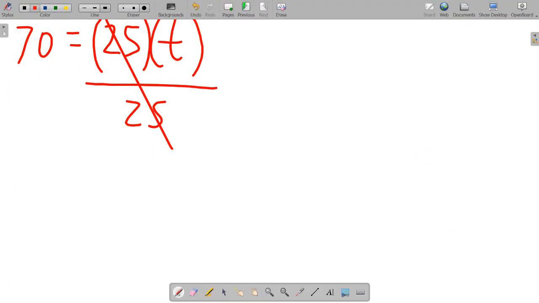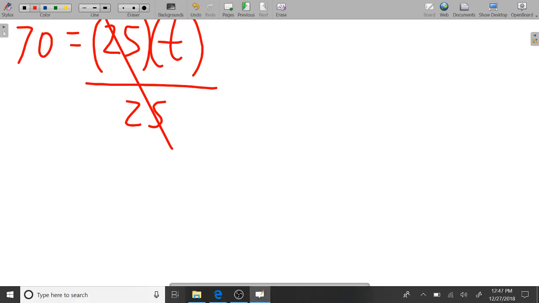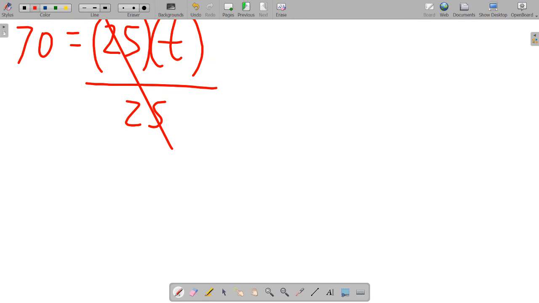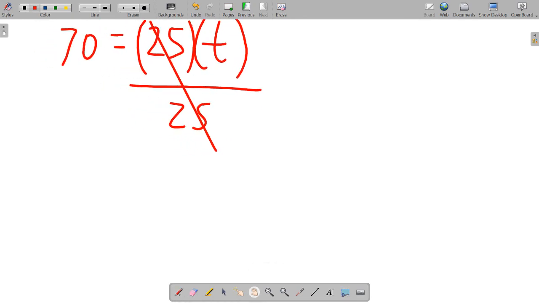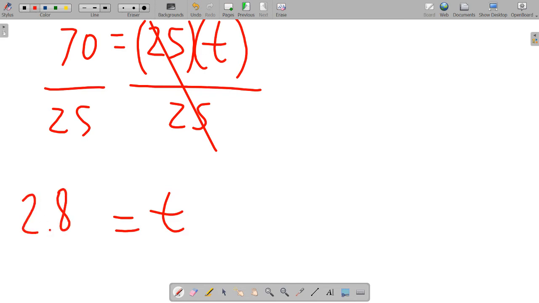So 70 divided by 25. Turns out when you put it in your calculator, you get a time in free fall of 2.8 seconds. Okay. So that's the first thing we do, solve for the time in free fall.